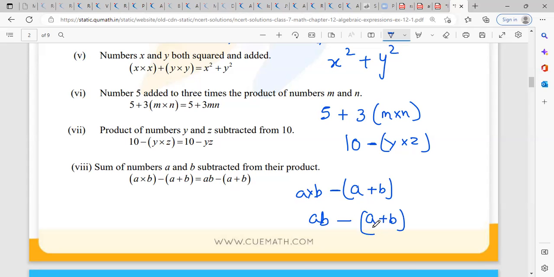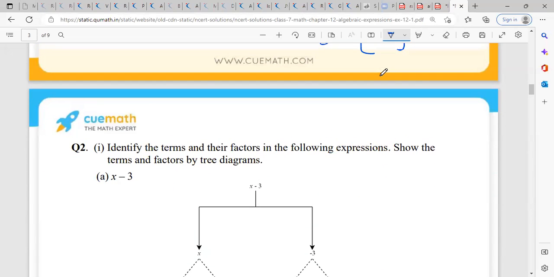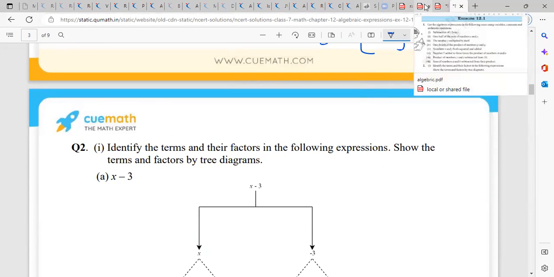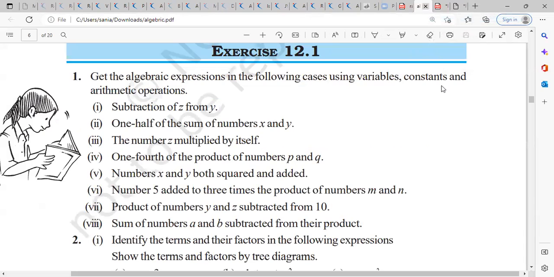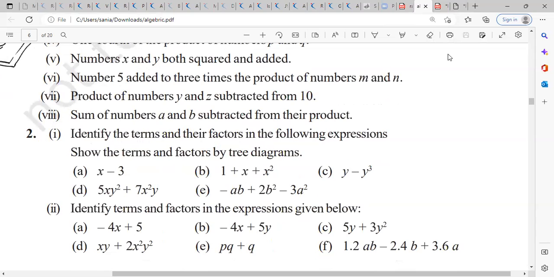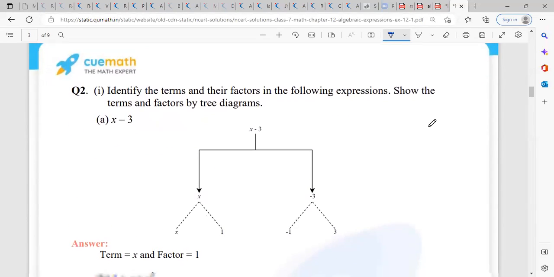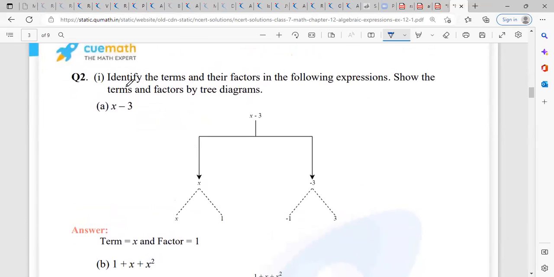Clear? Yes, ma'am. Okay. Now you will do the second one. Second question you can see. I'll explain one question how you have to do, and after that you will do the tree method. So see, I'll explain the first one. Identify the terms and their factor in the following expression. Show the term factor by tree diagram. So it is x minus 3.